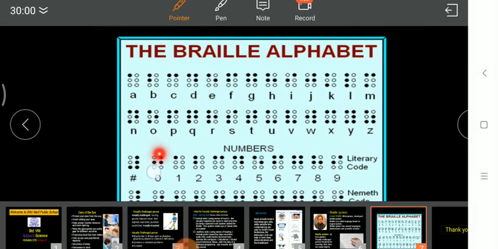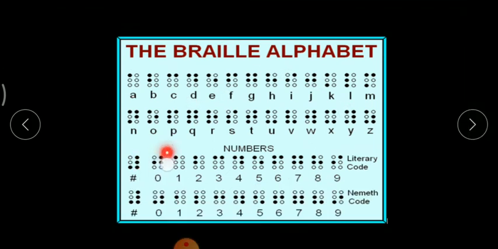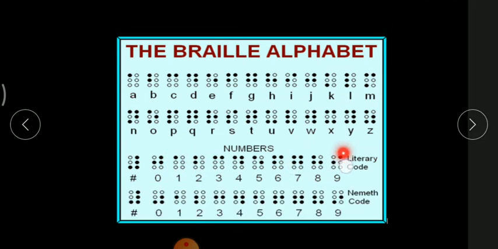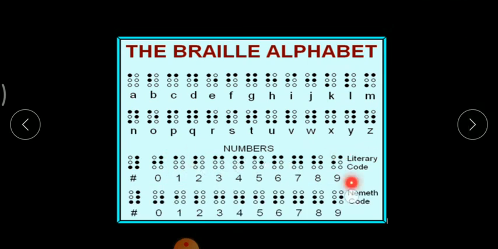Here 3 raised dots are there. 1 looks like this, and so on. In the same way, some Nemeth code is also being introduced into these Braille alphabet systems, like certain code languages being developed in order to help visually challenged persons.